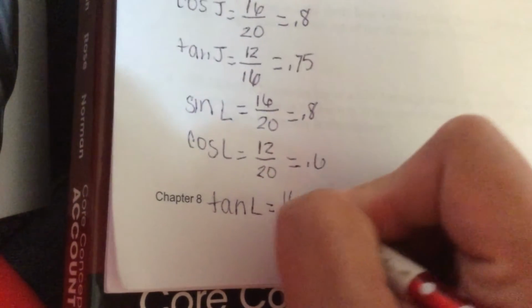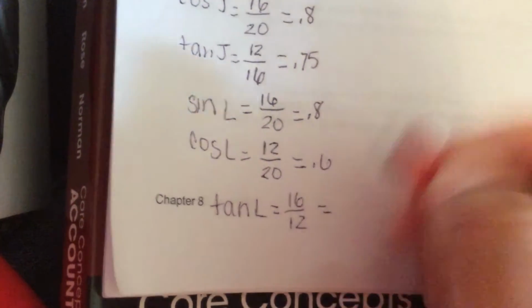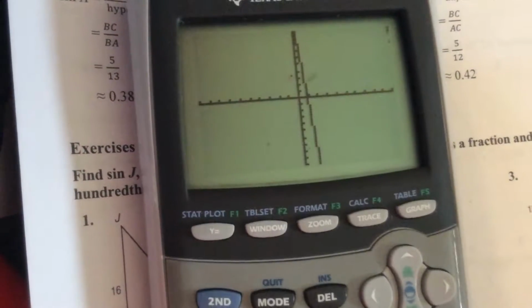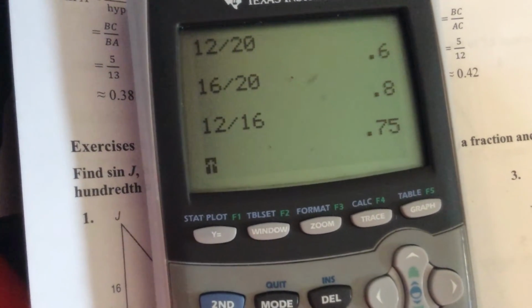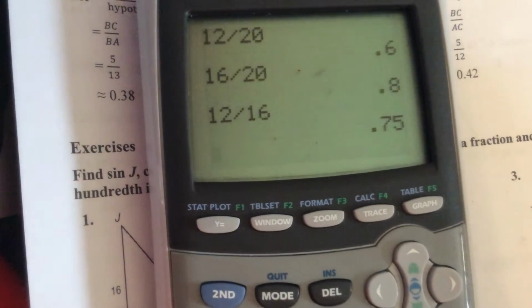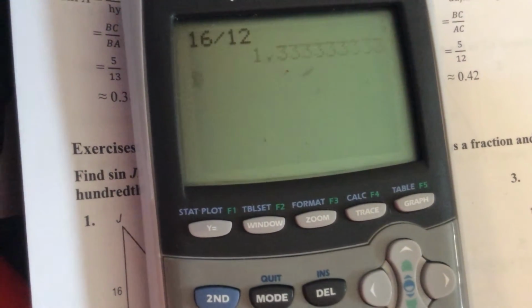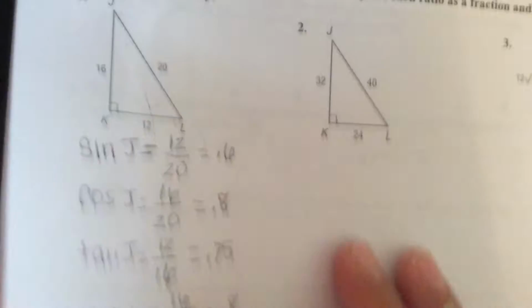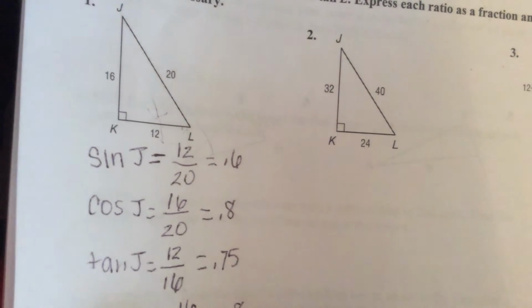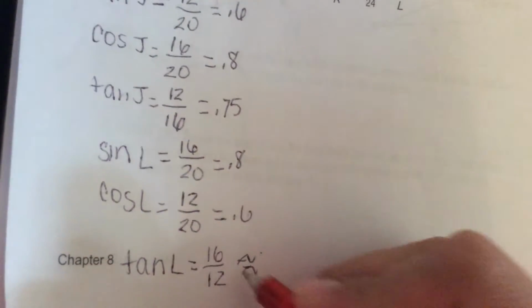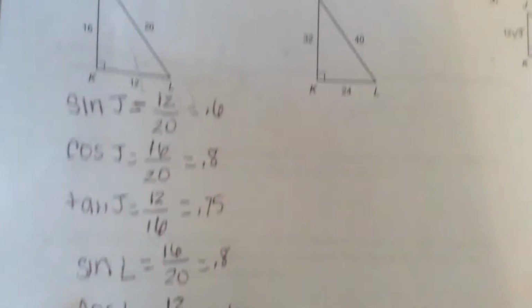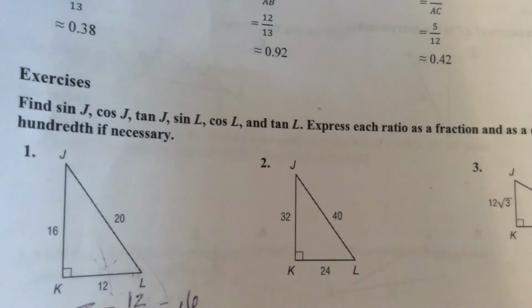So we do 16 over 12 and we put that into our calculator. 16 over 12 gives us 1.33. So we're doing an approximate down here, approximately 1.33, and that is all for that problem. Let's go on to number 2.